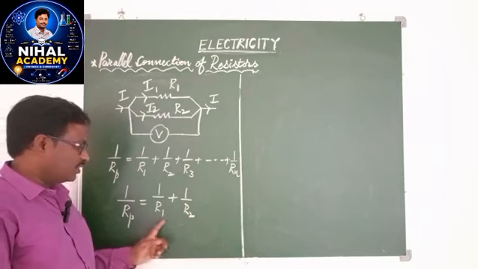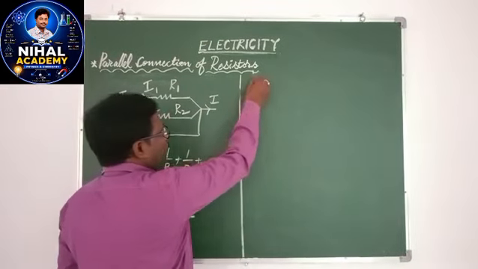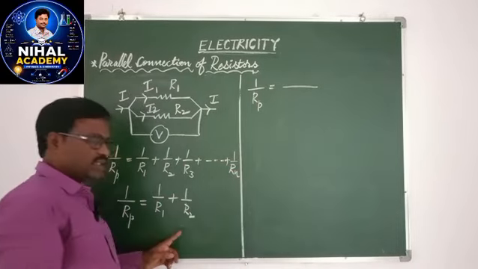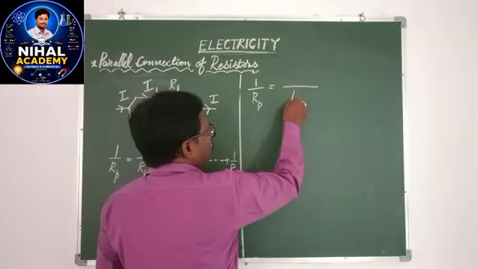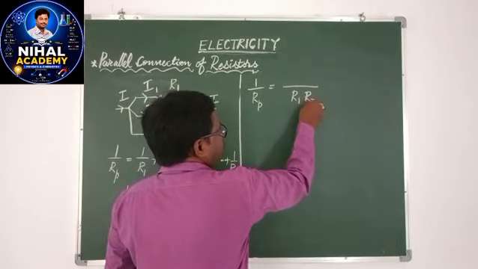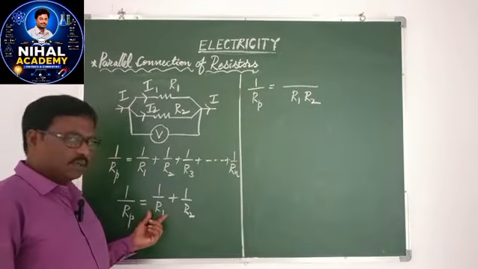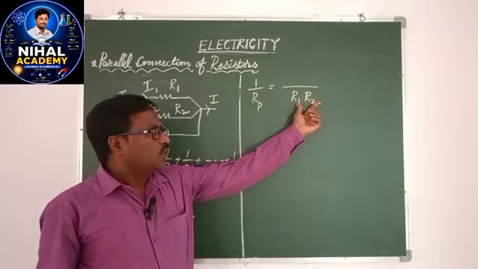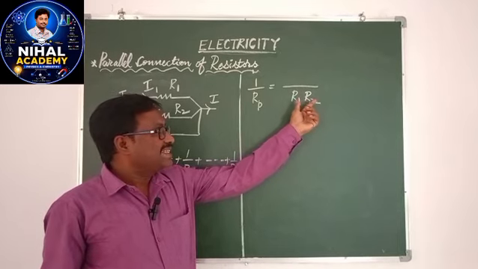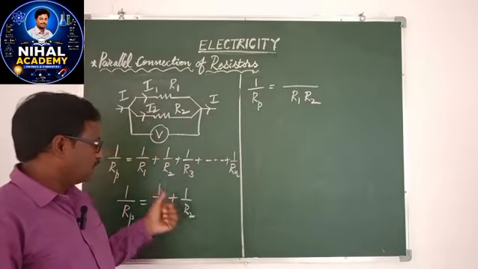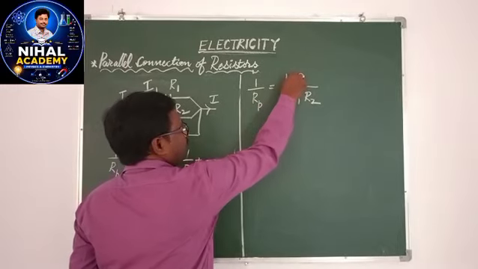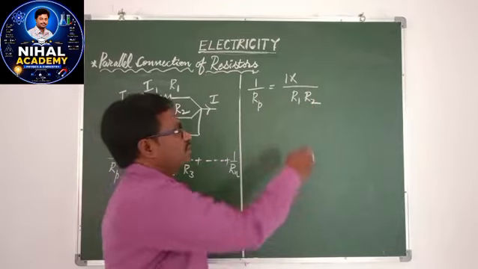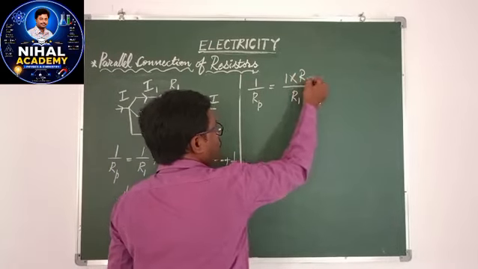Now we have to take the LCM of R1 and R2. So 1 by Rp is equal to the LCM of R1 R2, which is R1 into R2. Now the denominator of the first fraction is R1. R1 cancels, which means R2 times cancels in R1 R2. Here the numerator is 1 into R2.